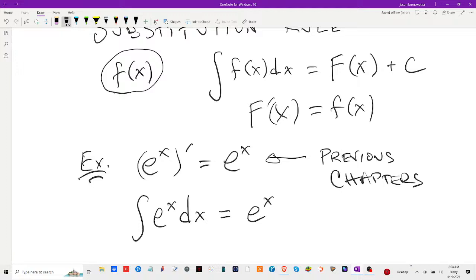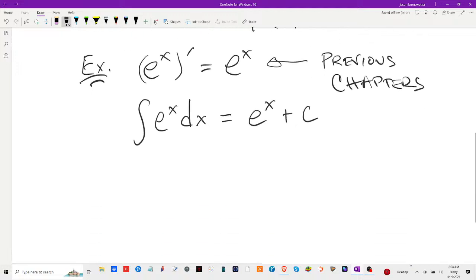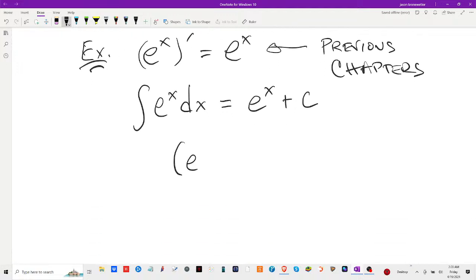Now, if we want the most general antiderivative, we can always add a constant, because remember, when you take the derivative of a constant, you get 0. So if I were to take the derivative of e to the x plus c, I would get the derivative of e to the x plus the derivative of c.